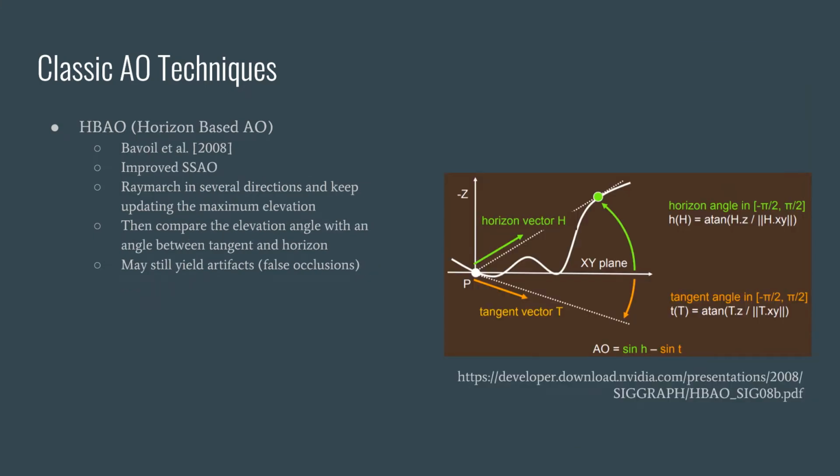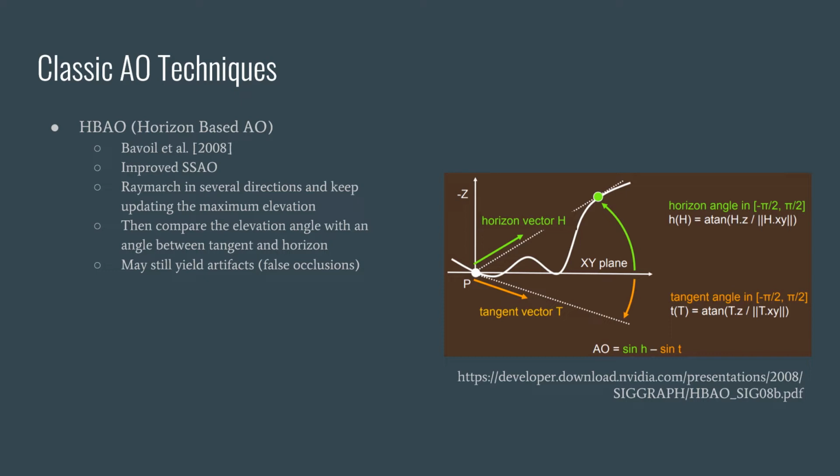A year later, another technique called HBAO came out, further improving the previous SSAO technique. For a single point on the surface, it shoots several sample rays in many different directions which march along the surfaces. The rays then keep updating how much they are elevated compared to the beginning. This elevation is later compared with an angle between the tangent on the point and the world horizon.